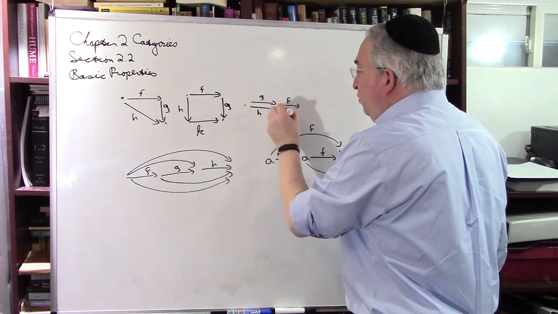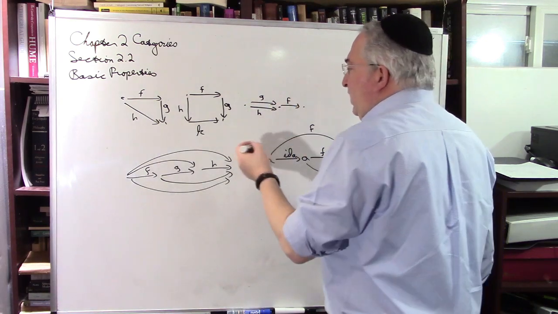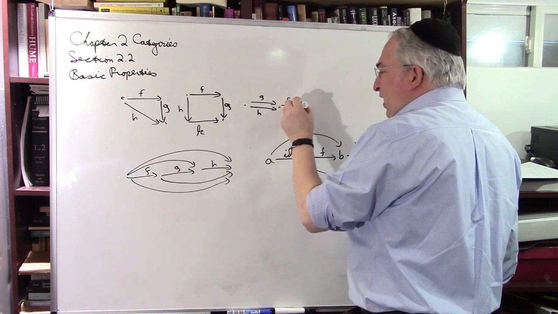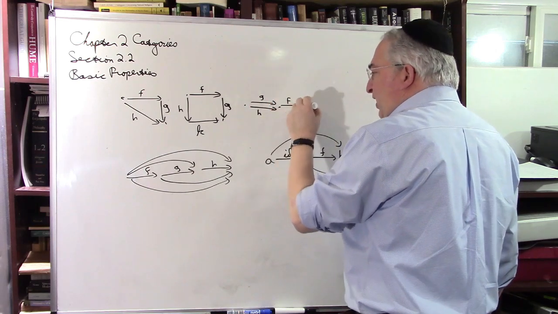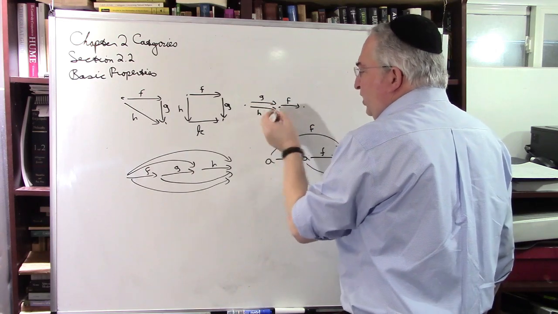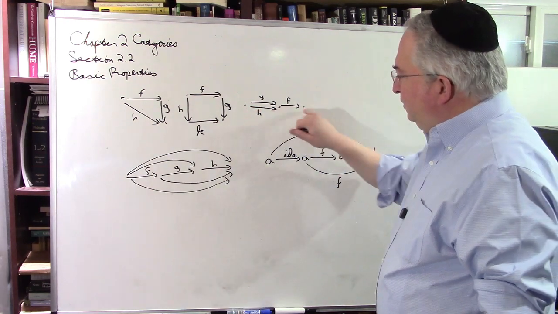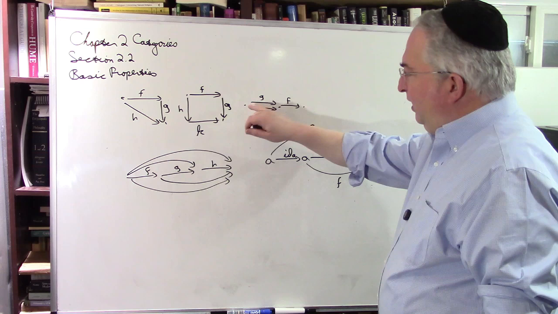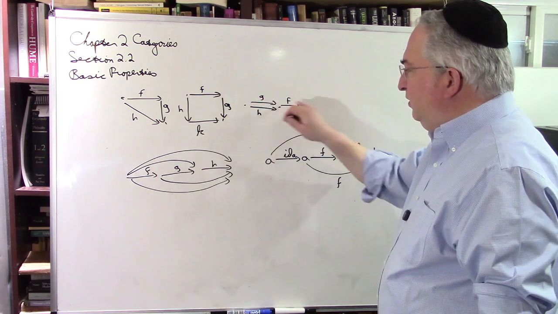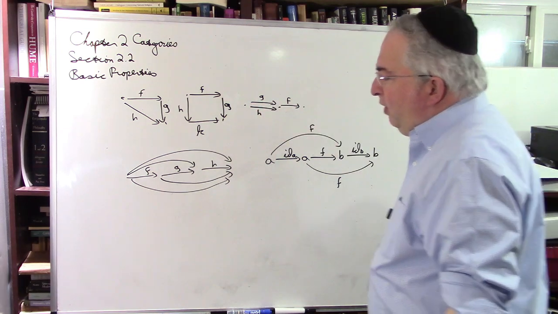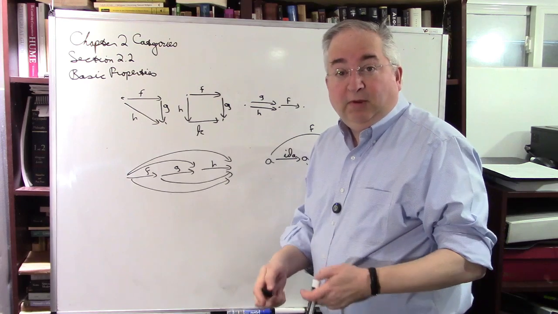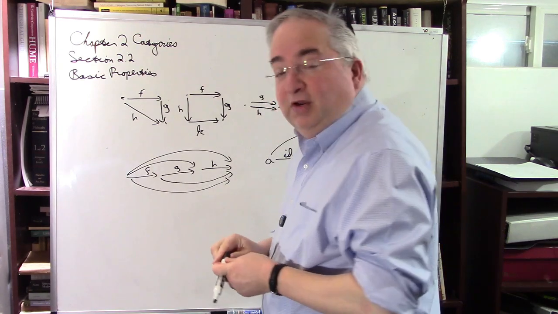This is a little bit more abstract. It's as follows. F, first do G and then F, is the same thing as H and then F. So from here to here, you get the same thing. G and H are not necessarily equal, but this is true. Now, we saw this before when we introduced the definition of category.